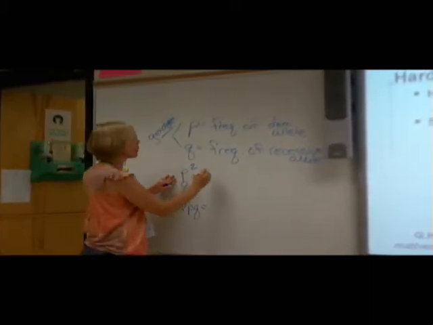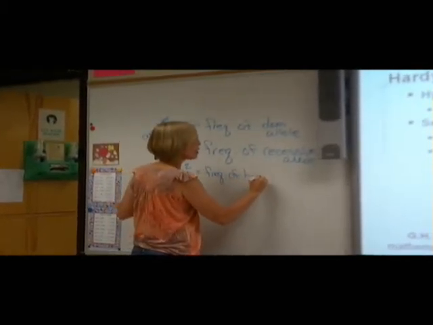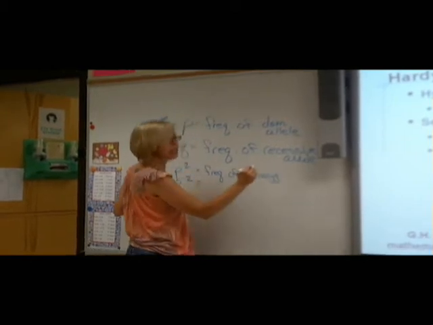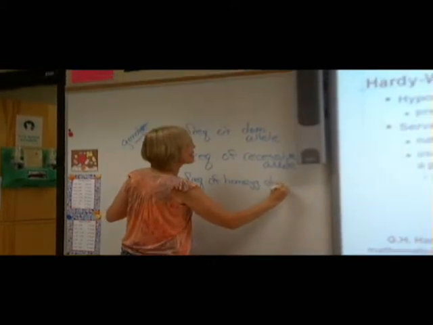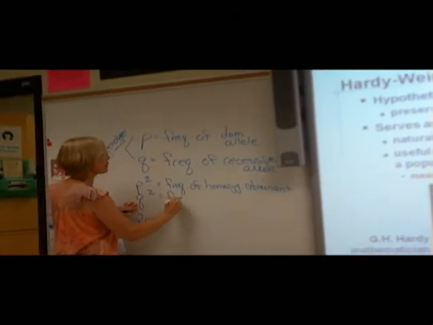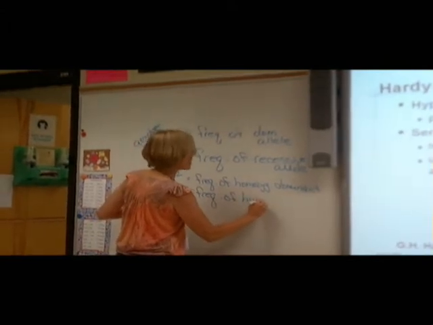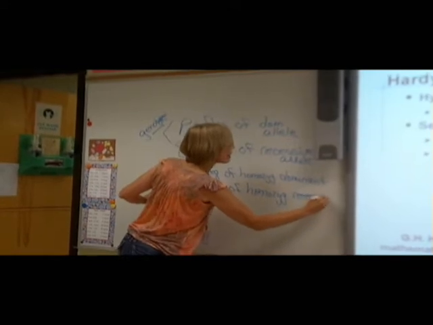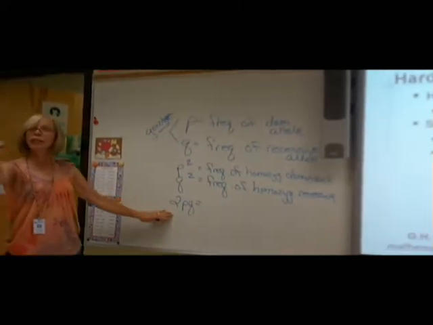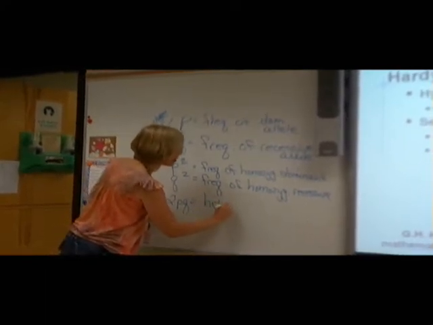P squared is going to be the frequency of the homozygous dominant. What would Q squared be then? The frequency of the homozygous recessive. And then 2PQ is going to represent the heterozygous.